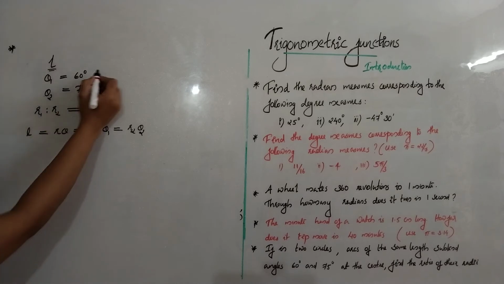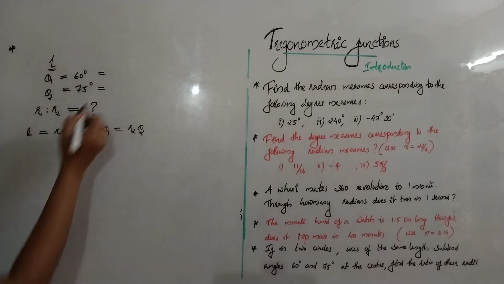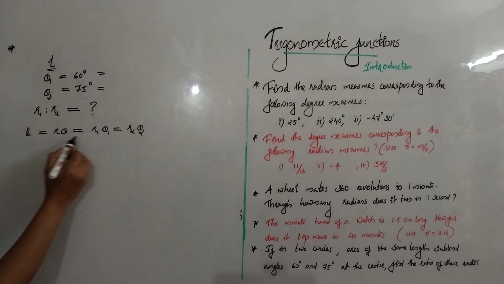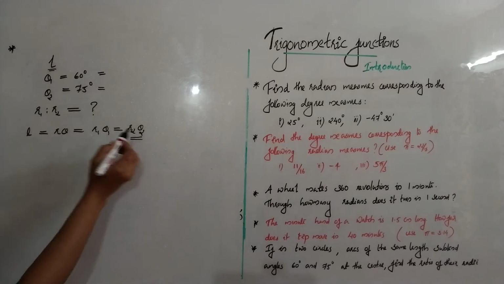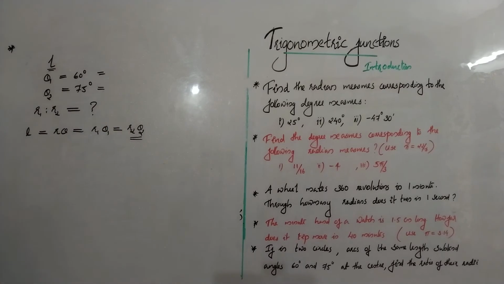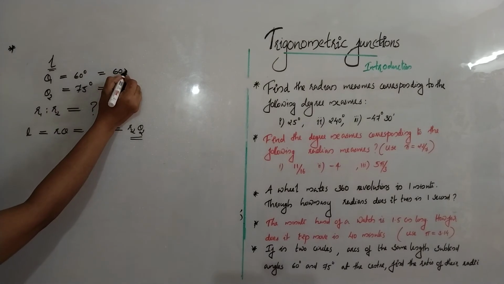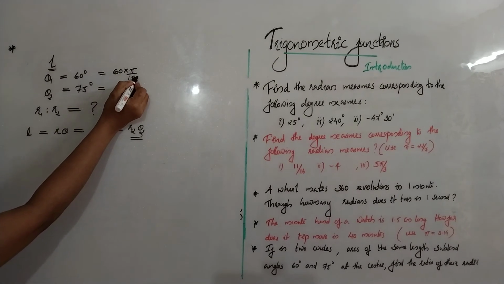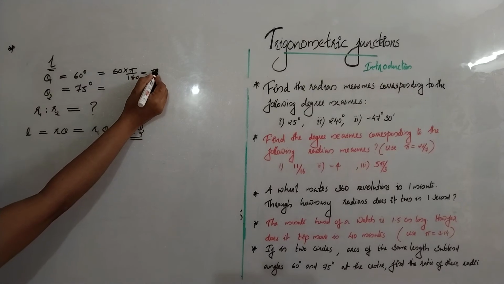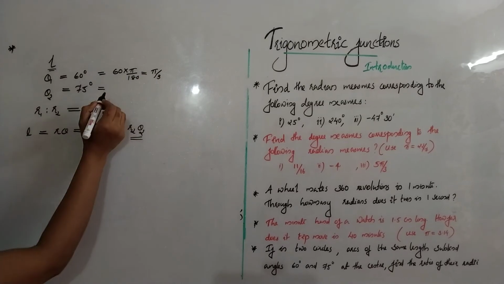Now we have to convert this degree measure into radian measure for using this equation. Then 60 degree is what? 60 into pi/180, that is pi/3 radian.